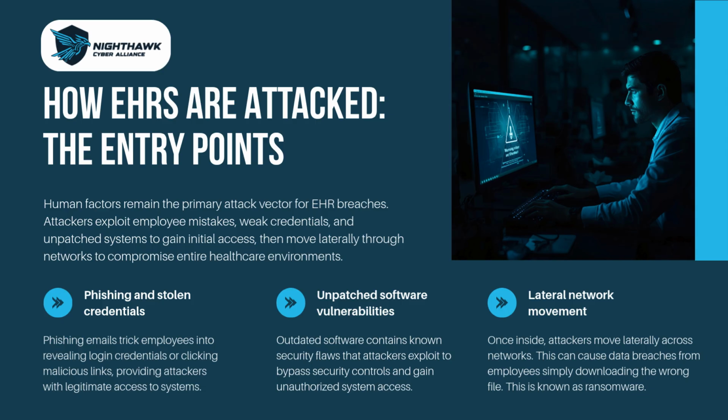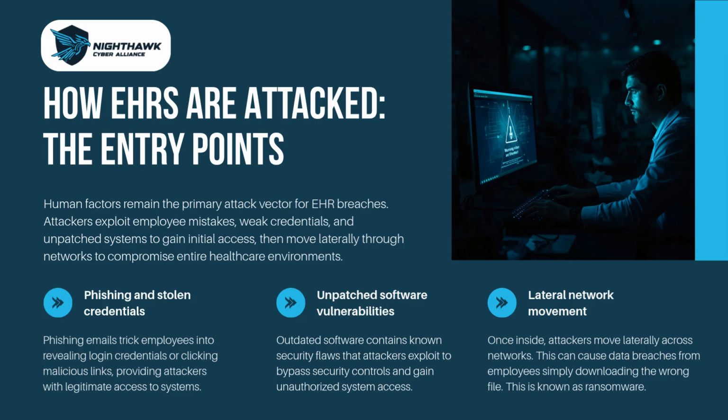Human factors remain the primary attack vector for EHR breaches. Attackers exploit employee mistakes, weak credentials, and unpatched systems to gain initial access, then move laterally through networks to compromise entire healthcare environments. The three most common entry points are phishing and stolen credentials, unpatched software vulnerabilities, and lateral network movement.